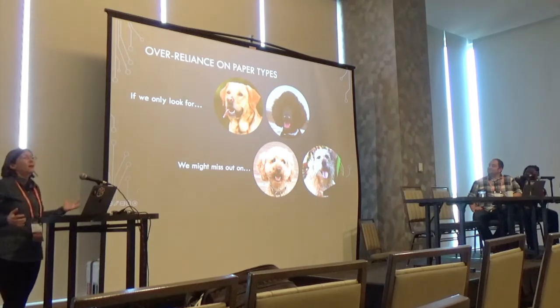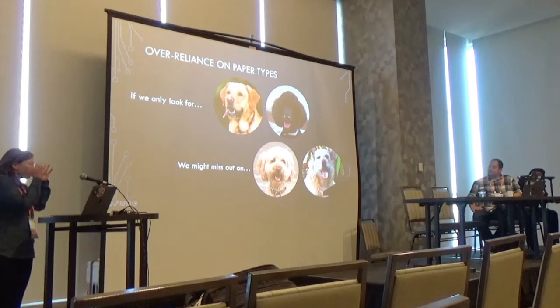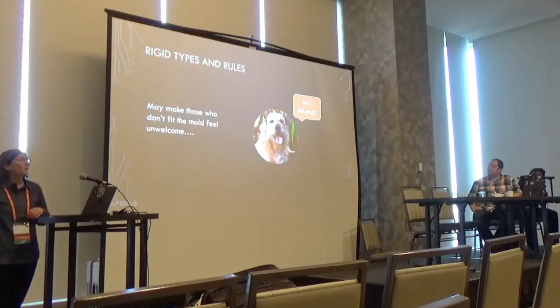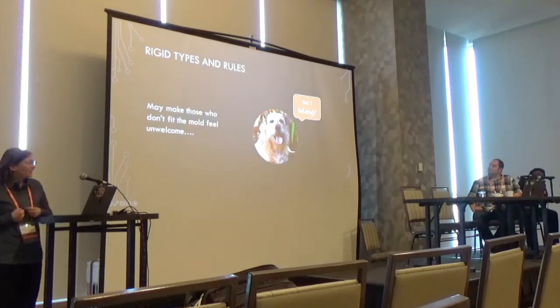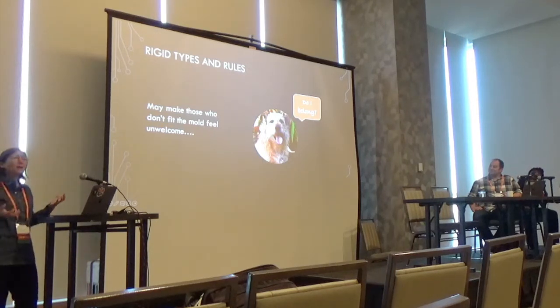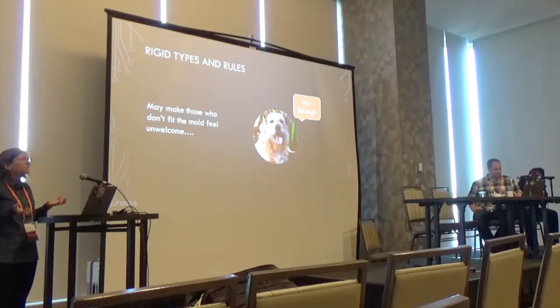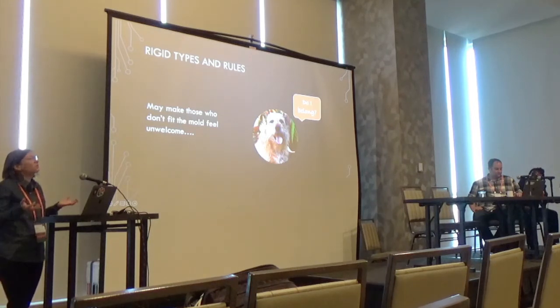So this is analogous to an over-reliance on paper types, where we try to box ourselves in and think about, does it fit this type or that type? More broadly, establishing rigid types and rules might make authors and papers that don't quite fit the mold perhaps feel a little less welcome at the conference and less likely to submit in the first place.